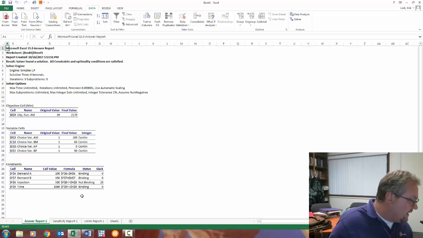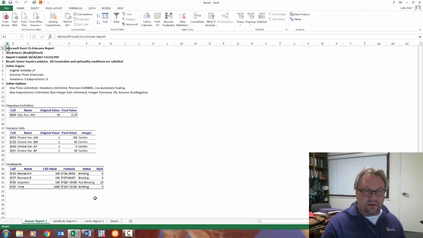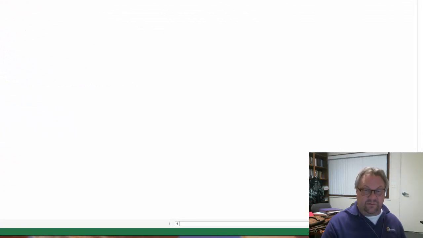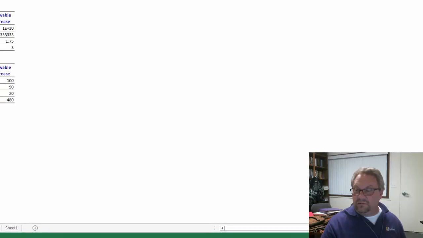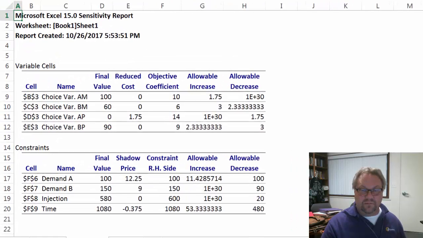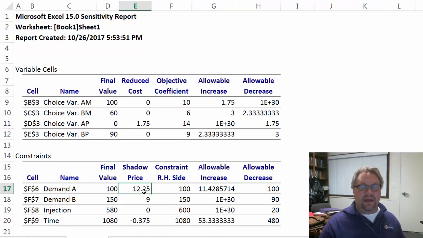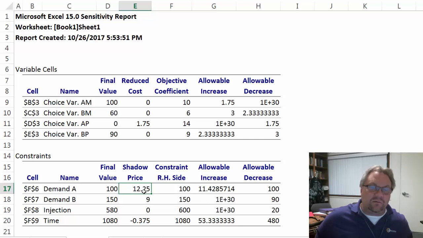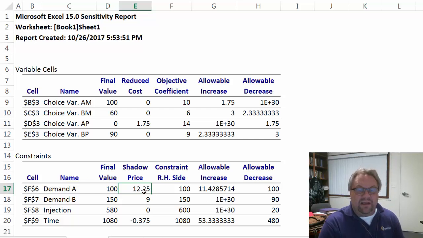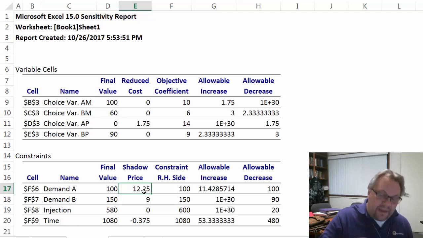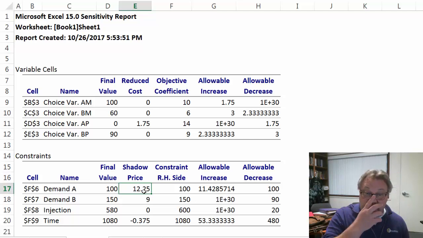What are the dual values? Interpret each. Okay, so I have to go to my sensitivity report. Again, the dual values in Excel are called shadow prices. So demand A, if the demand for product A was increased by 1 unit, my cost would increase $12.25.